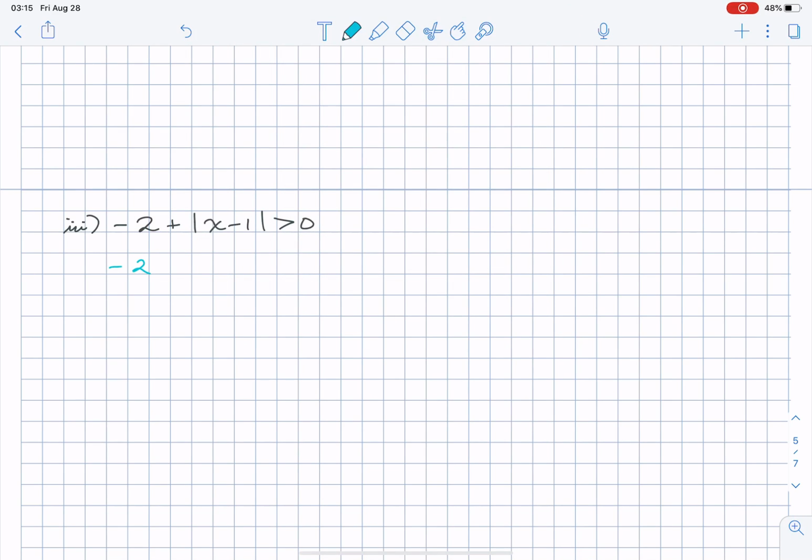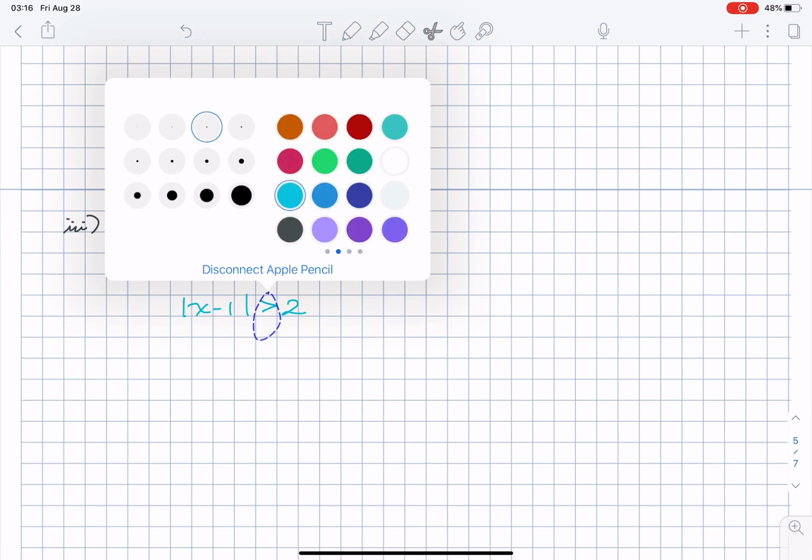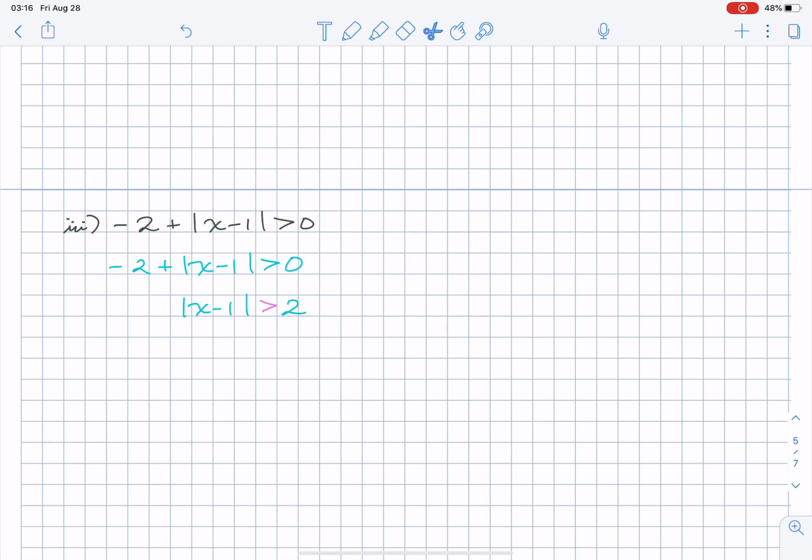Let's add 2 to both sides. So the absolute value of x minus 1 is greater than 2. And we're done now. We've isolated the absolute value.